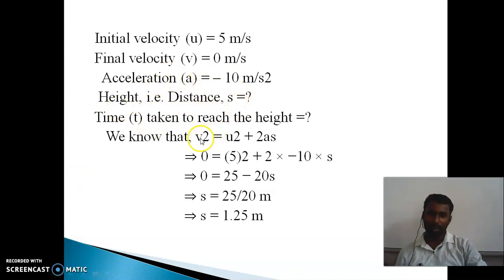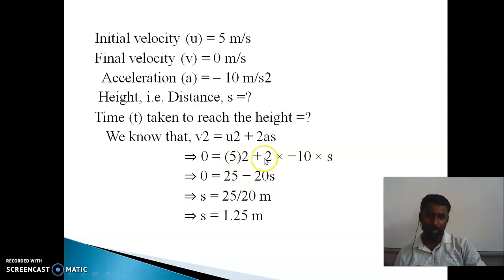The final velocity is 0, u square is the initial velocity 5 square, and a is minus 10, and s we have to find. Don't get confused, it is not 5 into 2, it is 5 square. So 5 square means 25.